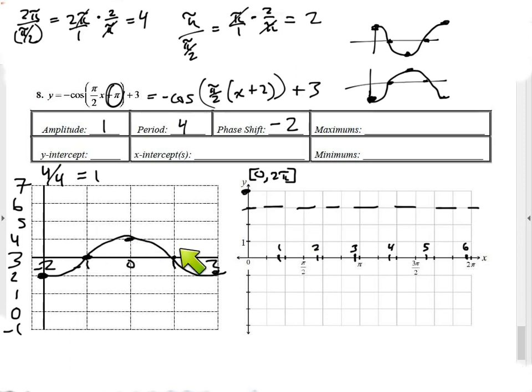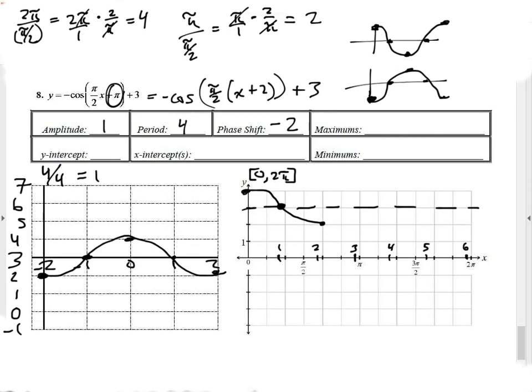So going back over here, 1, 3. So 1 is on the midline. We're at 3. So we're going all the way up to this point right there. And then the next point, looking at my cheat graph here, looks like it's 2, 2. So I go 2, 2, and boom. So I got this so far.